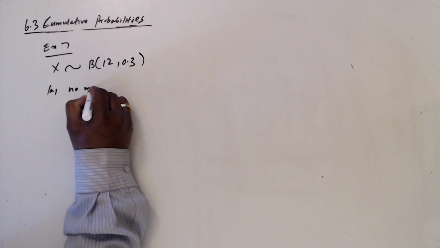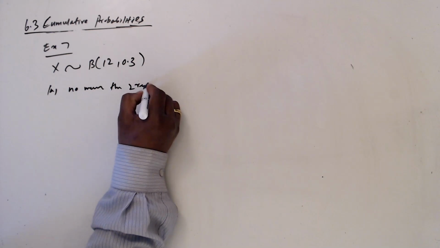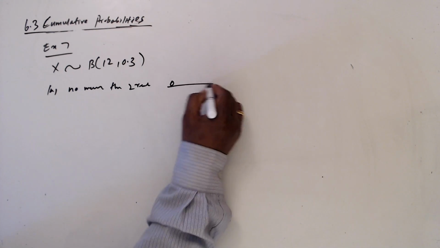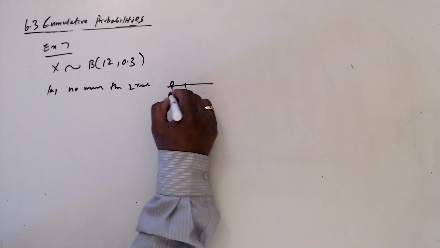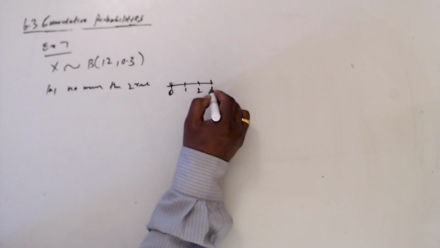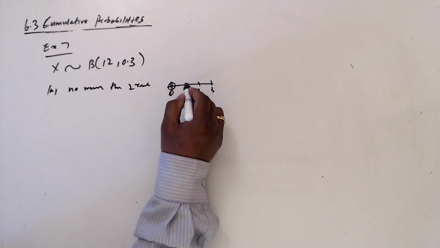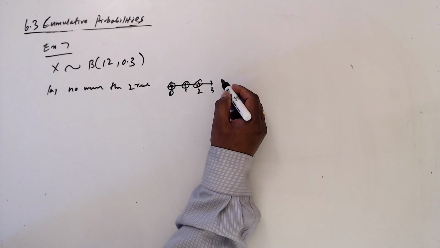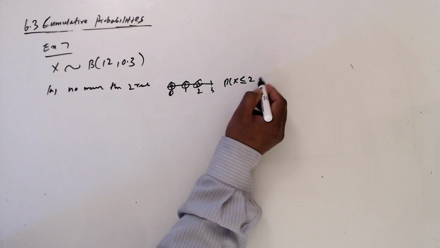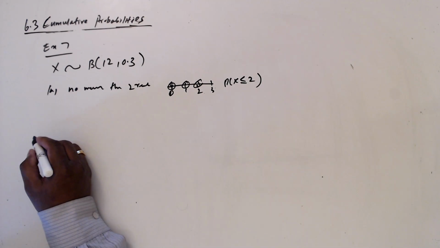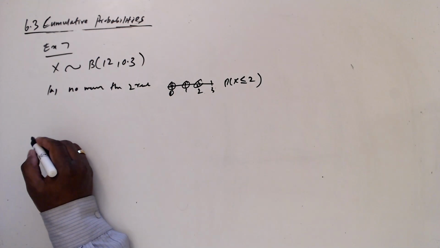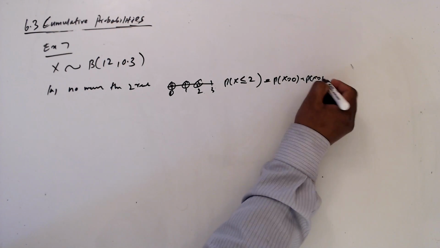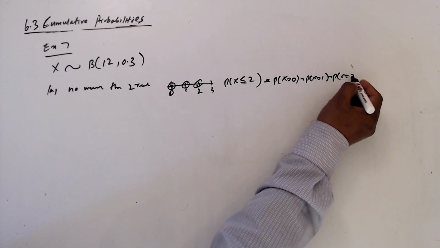No more than 2 reds means we need 0 red, 1 red and 2 reds. So the probability of x less than or equal to 2. In other words, P(x = 0) plus P(x = 1) plus P(x = 2).